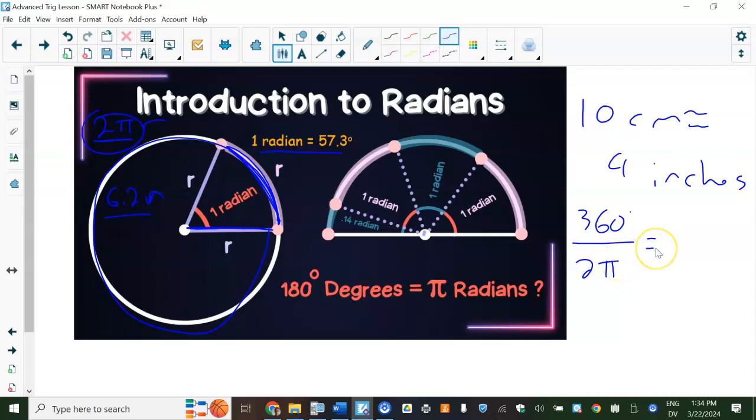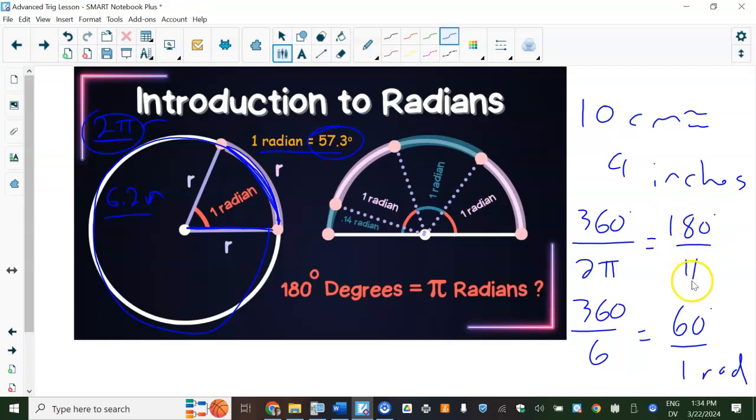If you divide that out, thinking of it as 6, you get about 60 degrees for 1 radian, which is what this number is here. The more common one we're going to use, if you clean up this fraction, is 180 degrees is pi radians. That's really the key piece of information we're going to use to convert between them. But it's also helpful to know that 1 radian is about 60 degrees.